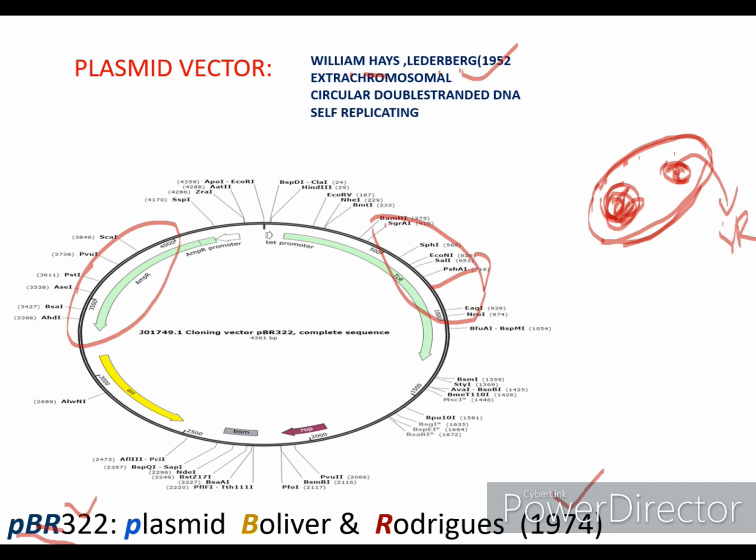The first genetically modified plasmid vector is pBR322 and it is named according to: p means plasmid, B and R refer to Bolivar and Rodriguez, and 322 refers to its order of derivation. Later pBR324, 328, 329 were also derived. So, according to the order of their derivation, 322 is named, and pBR322 is the first genetically modified plasmid vector formed by Bolivar and Rodriguez in 1974.